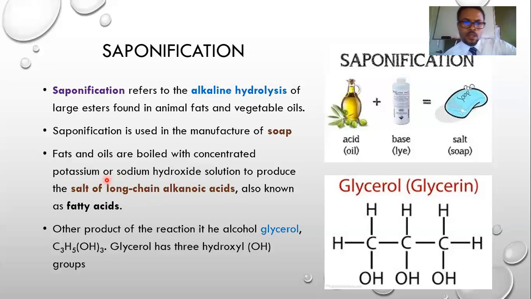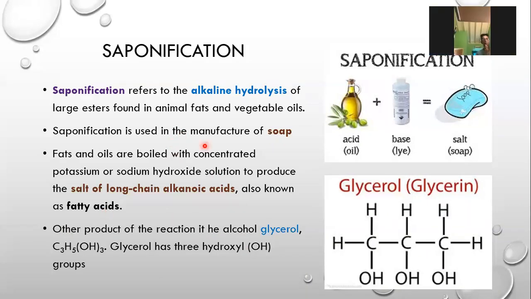The other product of the reaction is the alcohol, glycerol, and glycerol has 3 hydroxyl groups. So we've seen glycerol on the side here. I'm going to give a better picture as I do a little drawing on the board, so I'm going to revert to the camera so that you can see clearly what I want you to see.